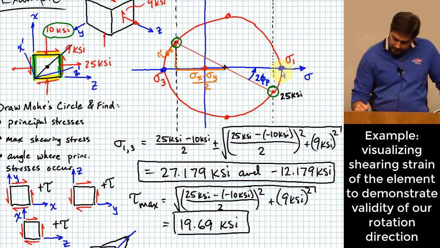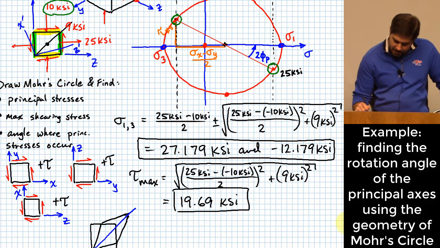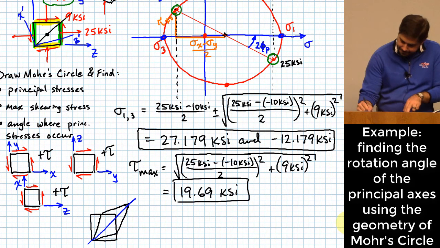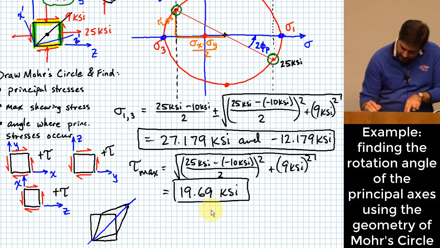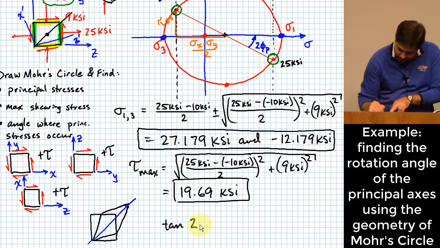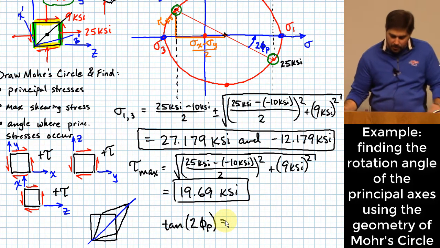All right, so based on the geometry of the circle now, I can say that the tangent of 2 times phi sub p is going to be equal to what?